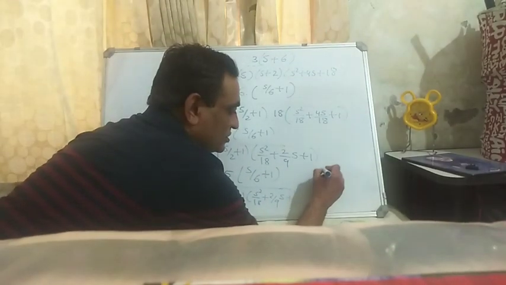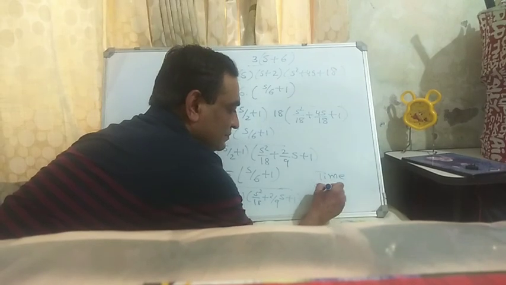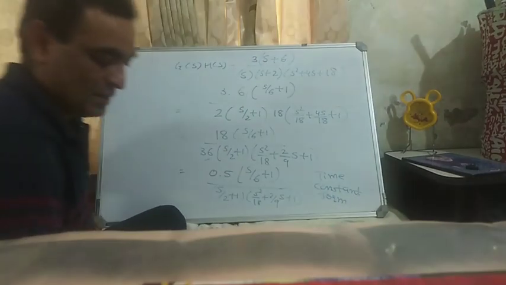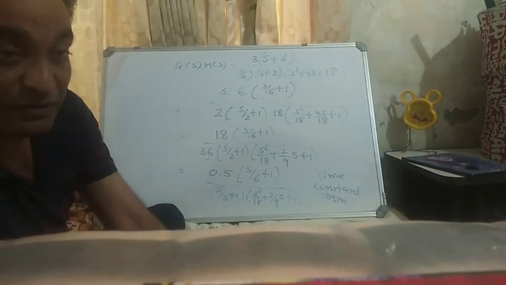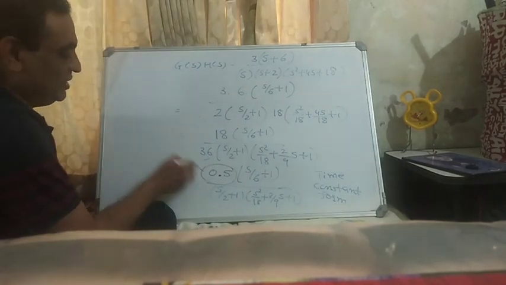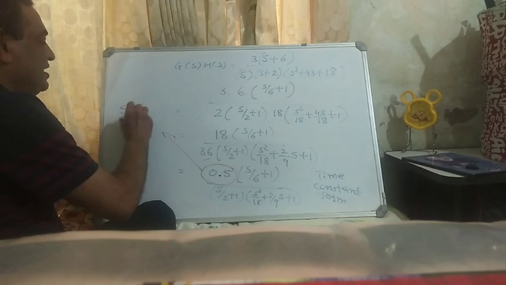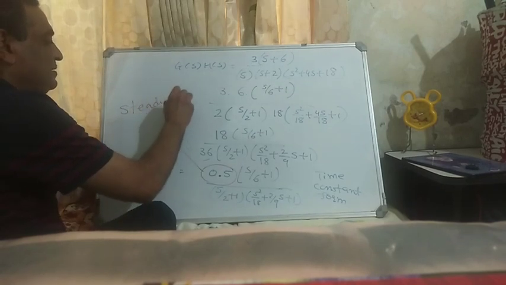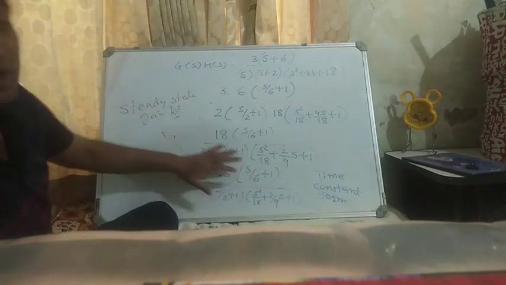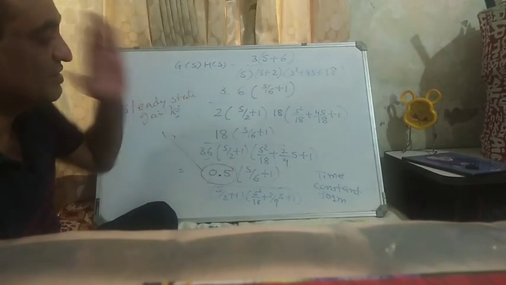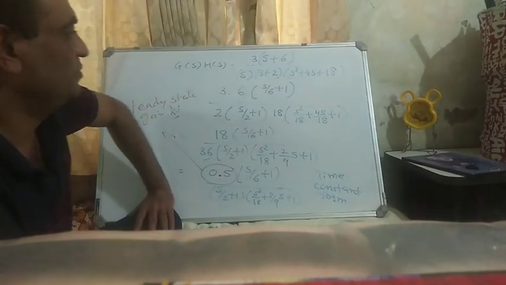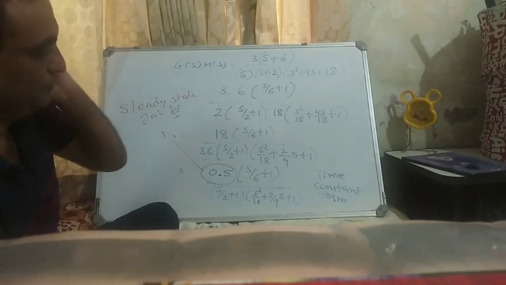This is in time constant form. Now whatever the gain that you are receiving, this constant term, this is known as steady state gain K, and this is required in the Bode plot. So 0.5 is the steady state gain K. This is how you can convert into a time constant form. I hope it is clear to you.